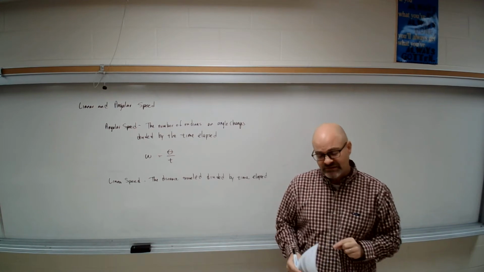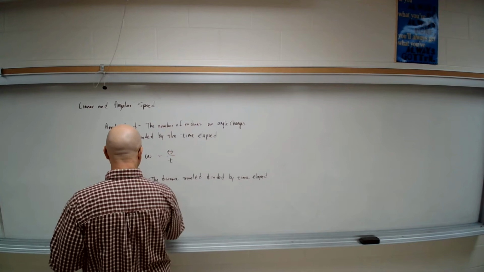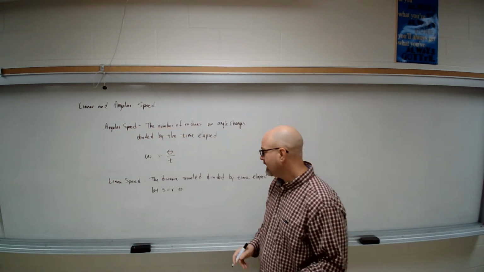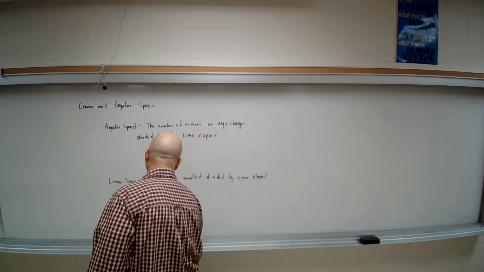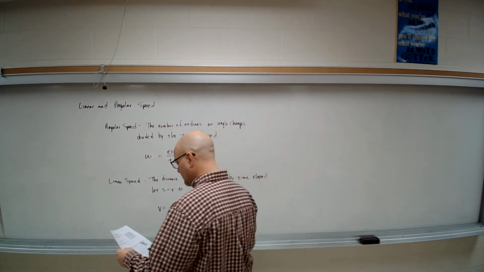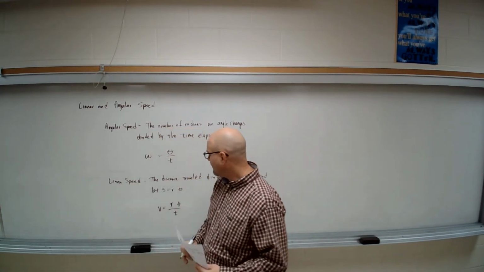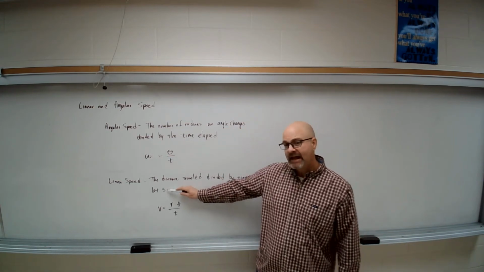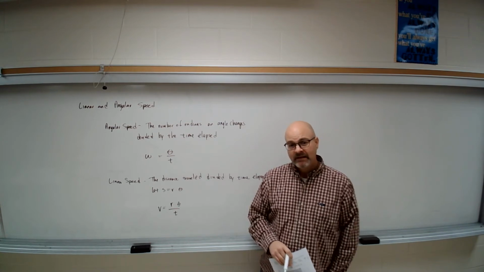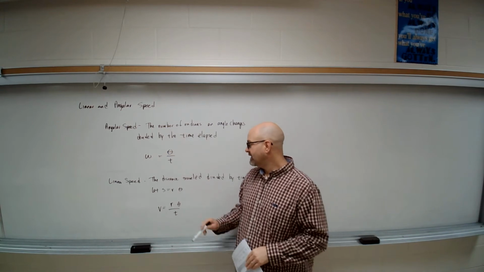Which we called S, which is r theta. So if we let S equal r times theta, then we'll get that the linear speed v is equal to r times theta divided by the time elapsed. I said omega at first. I should have said theta, right? R times theta divided by the time.